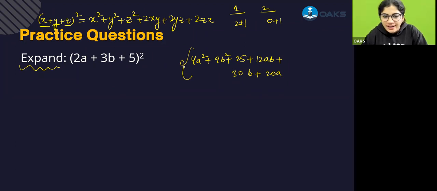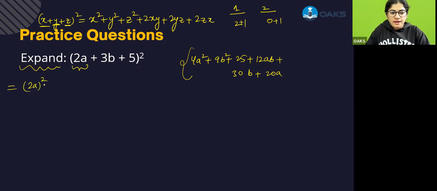I'll just solve it a little fast because I have written the identity here. It is 2a whole square plus 3b whole square plus 5 square plus 2 into these two first, that is 2a into 3b, plus 2 into 3b into 5, plus 2 into 5 into 2a.